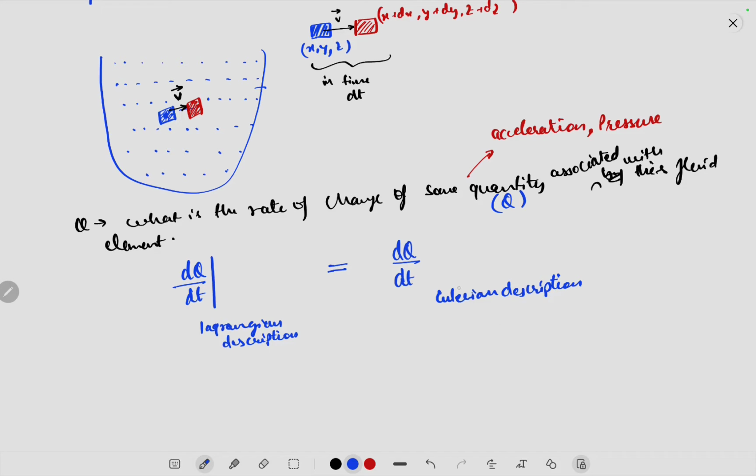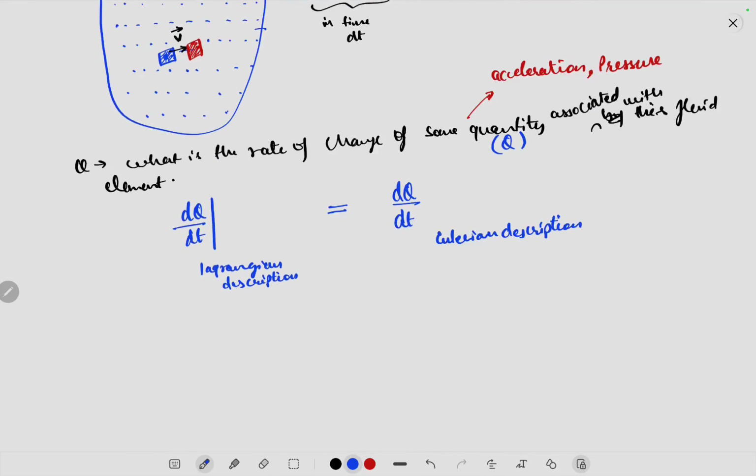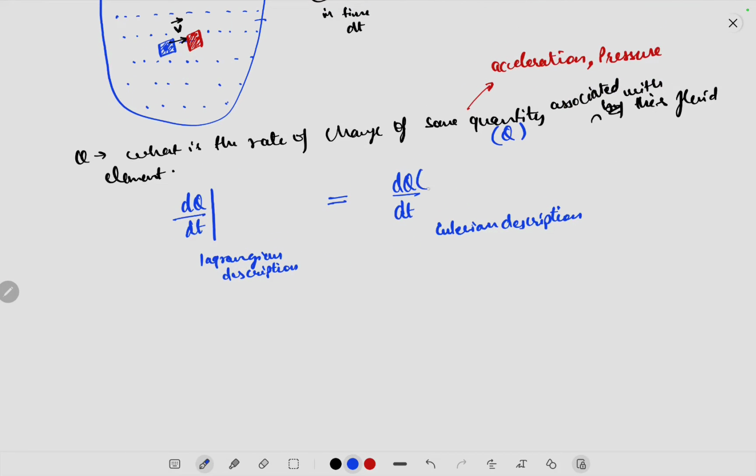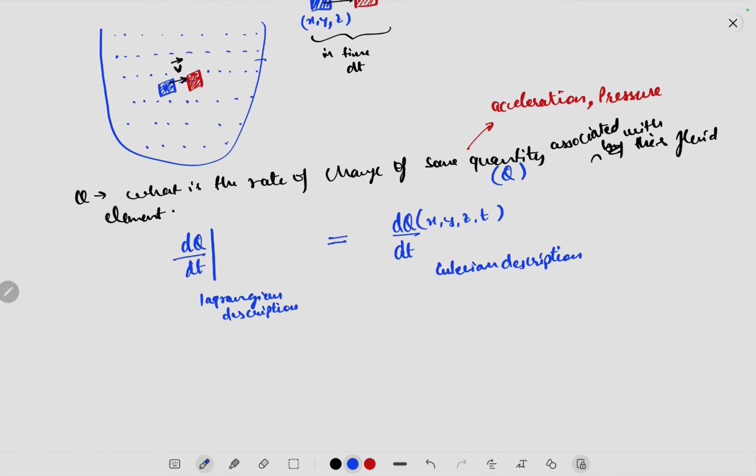In that case, this dq will be a function of x, y, z and t, because if my x, y, z and t are not the same, this will not correspond to the Lagrangian description, right?